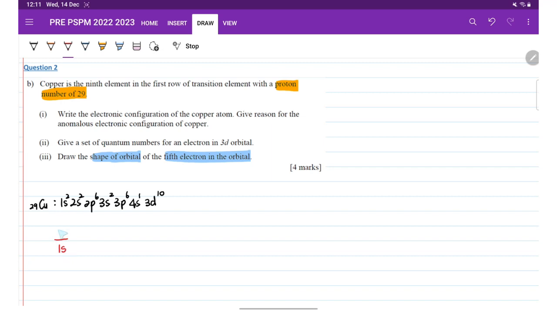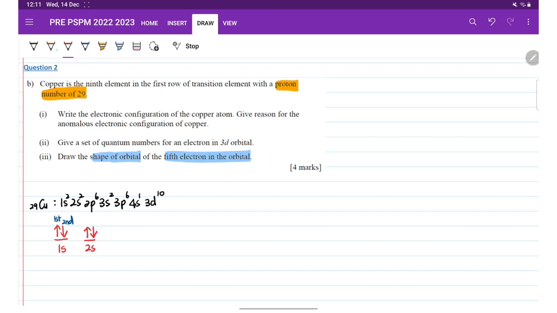So 1s, here we have 1, 2. If I label here, this is the first electron. This is the second electron. Moving on, after 1s, we have 2s. So 2s over here, there are 1, 2.